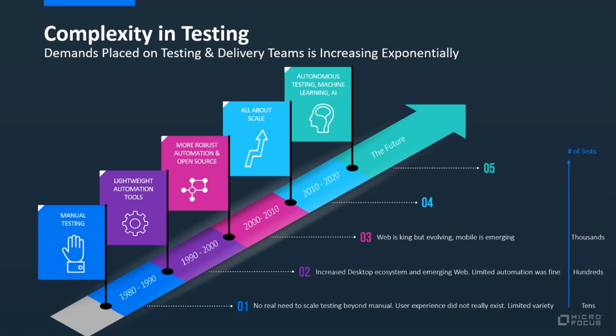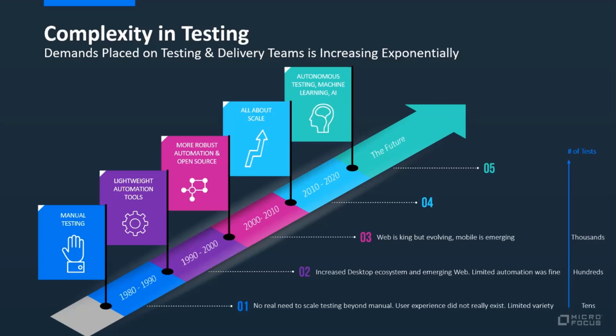That was the moment that changed the industry completely in terms of testing, in terms of automation, and the need to have much more robust automation capabilities, because the number of tests that needed to be covered now, rather than hundreds, was thousands. And as Archie said in the beginning of the session, we also see a shift in the way we write software and deliver software.